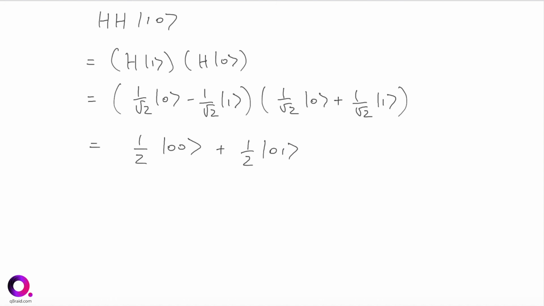For the Ket 1, 0 term, we're multiplying this times this. And so we get minus 1/2. And for the 1, 1 term, we're multiplying this times this. And so again, we get minus 1/2. And so this is the resulting 2-qubit state.